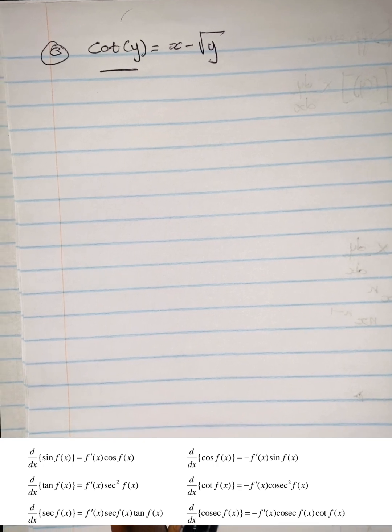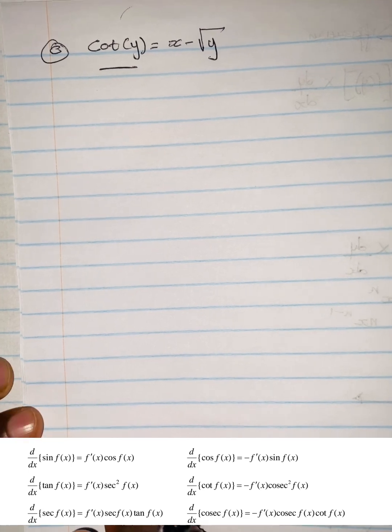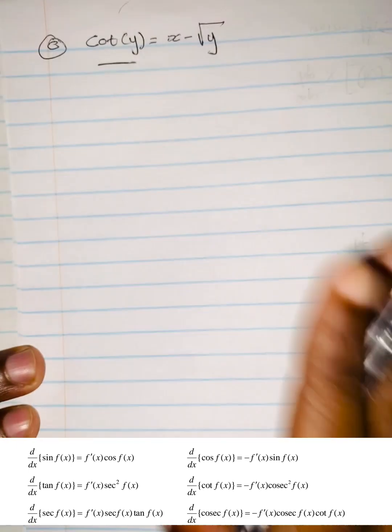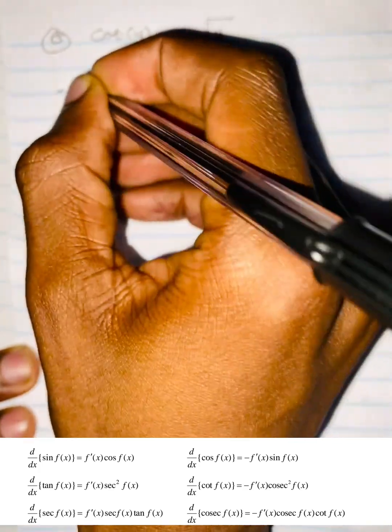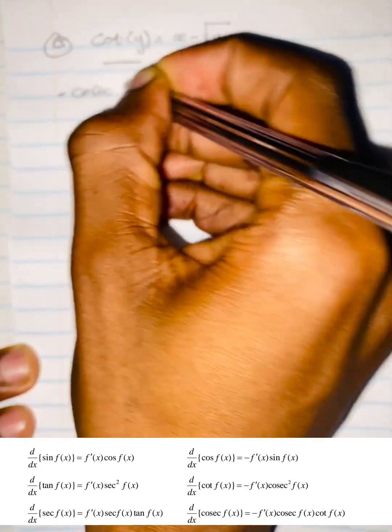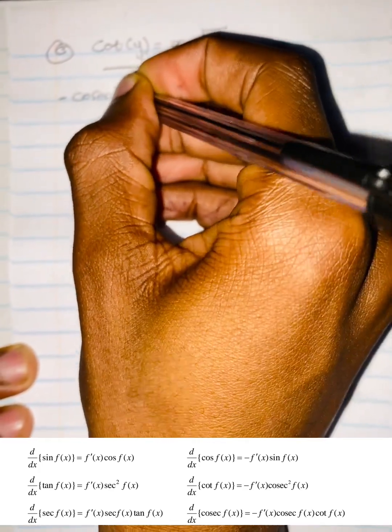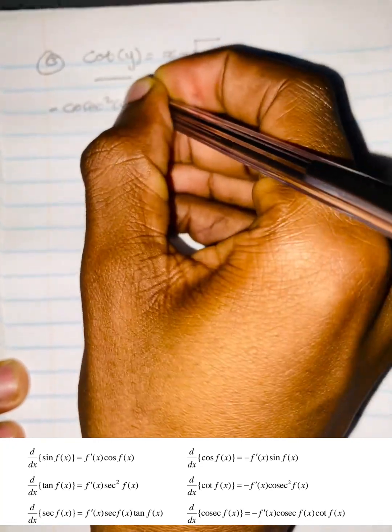will take them from the tables, or you will cram them however you know them. But I'll also post the table of the derivatives. So the derivative of cot y, we will get negative cosecant squared of y.